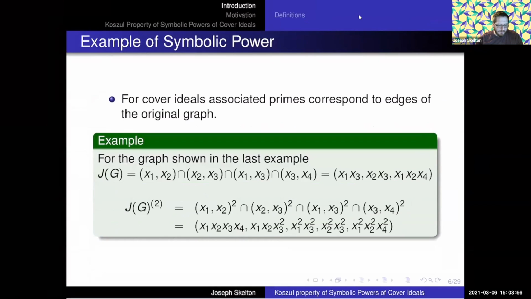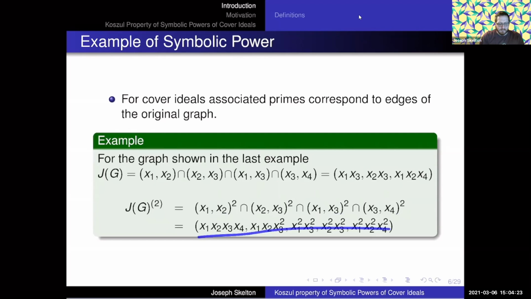As an example, as I said before, the cover ideal's associated primes correspond to edges of the original graph. So each one of those edges is a prime. Cover ideals are already defined using their associated primes. Finding the symbolic power of the cover ideal is as simple as taking each one of these, raising it to the ordinary power, and then intersecting.